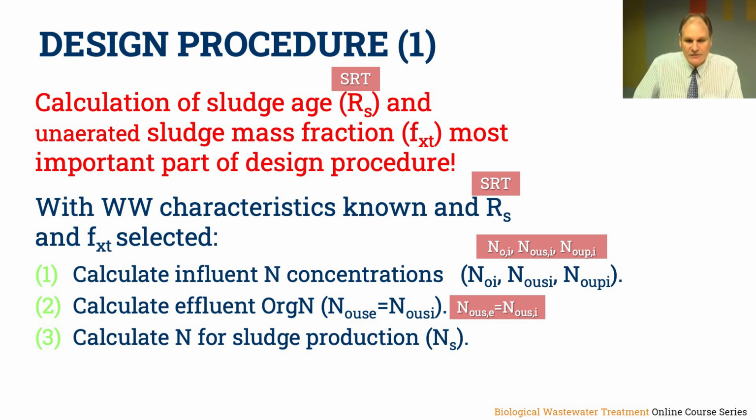We then calculate the effluent organic nitrogen, and that would be simply the influent unbiodegradable dissolved organic nitrogen, because it flows right through the system. We then calculate this nitrogen concentration that we require for sludge production, NS.